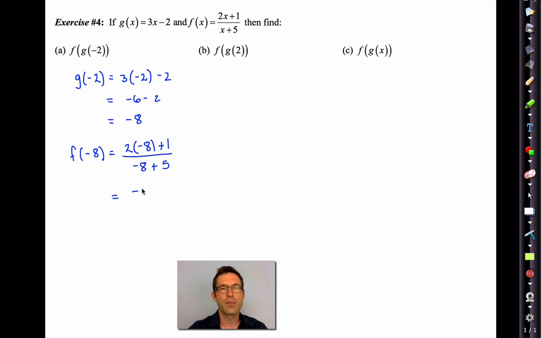Right? What would that be? It would be -16 plus 1, then -3. That would be -15 divided by -3, and that would give me 5. So it's a function composition problem. Why don't you try letter B and even more challenging, letter C?